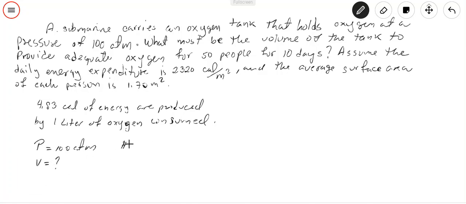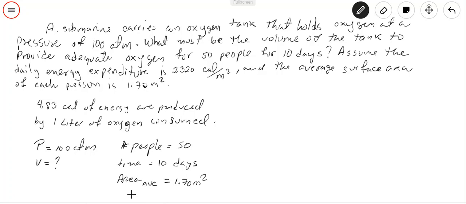We know the number of people in the submarine, there are 50 people. We know for how long they will be there, so the time will be 10 days. And we know the average surface area of a person, that is 1.70 square meters.